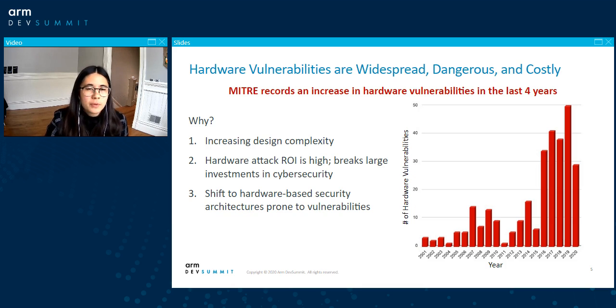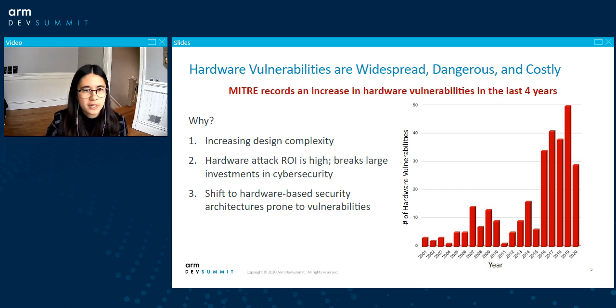So we've seen from the previous slide that hardware vulnerabilities are widespread, dangerous, and costly. MITRE records an increase in hardware vulnerabilities in the past 4 years. This data is taken from the MITRE CWE database. There are several reasons for this. One is increasing design complexity. Another reason is that the return on investment for hardware attacks is high.